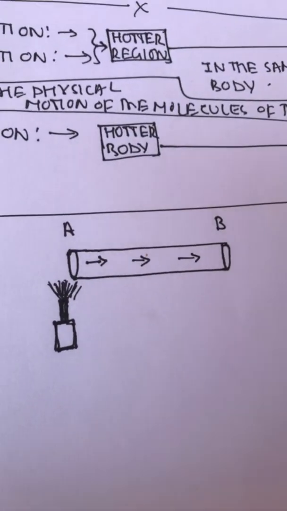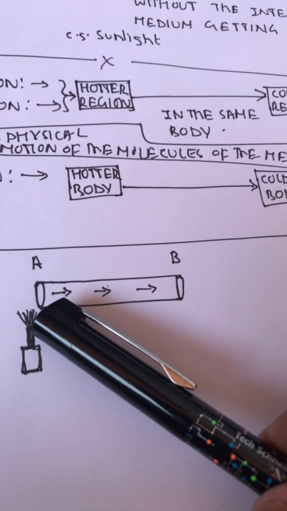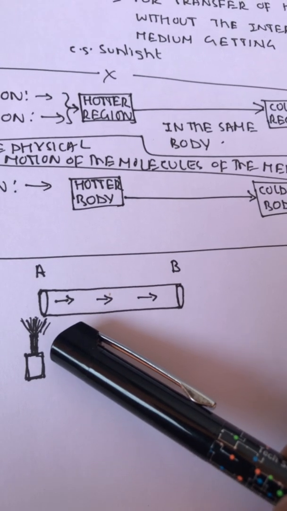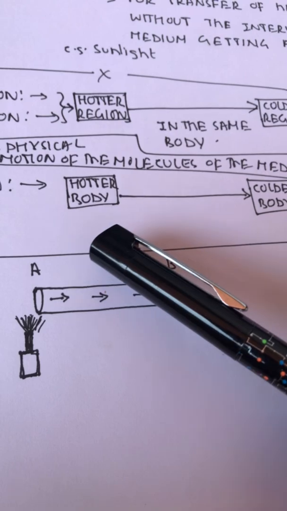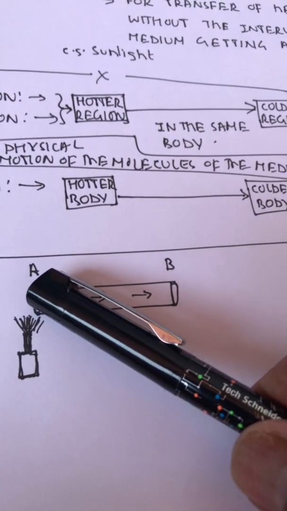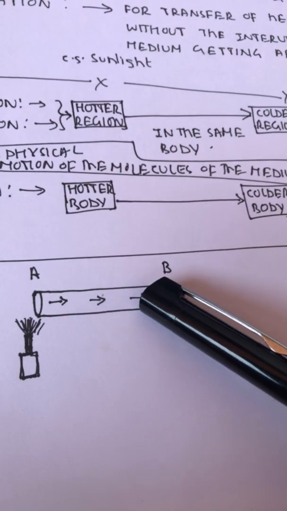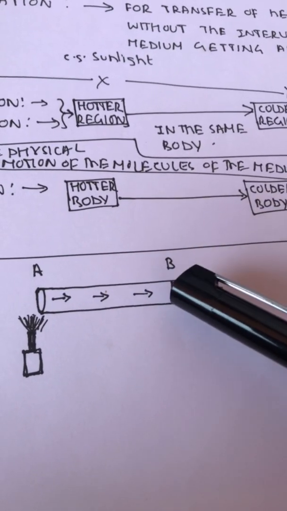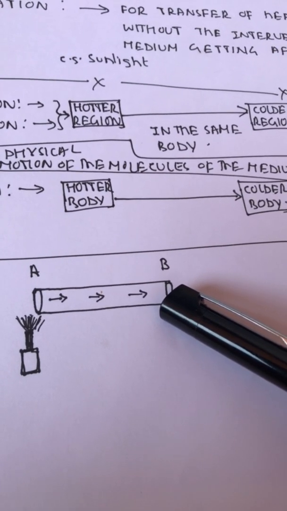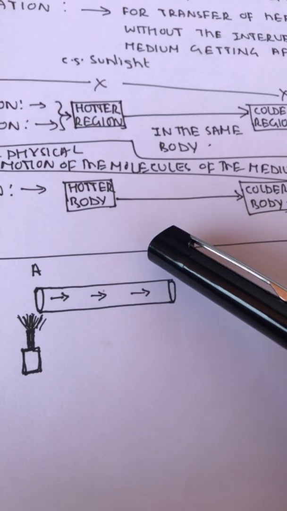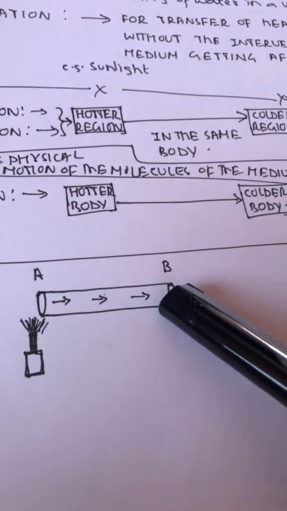In this case, if you look at this particular rod, this is the flame or the fire which I have used in the diagram. This is end A and this is end B. Whenever end A gets heated up, it transfers heat from end A towards end B. But if point B was at a higher temperature, then the flow of heat would be from point B to point A. This is one body but having different regions of temperature.